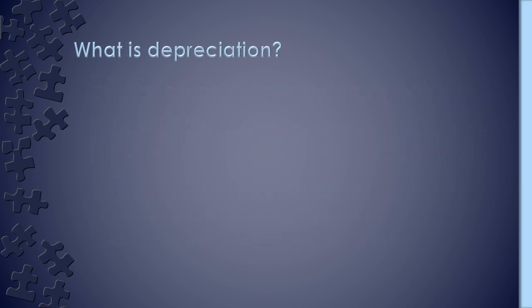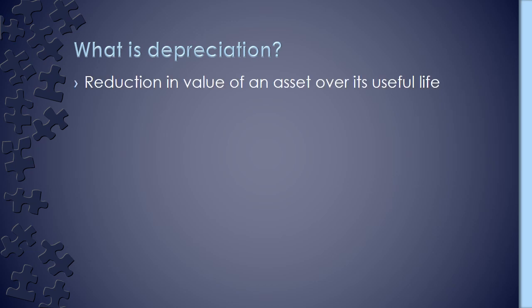Okay, so a recap then on actually what depreciation is. Hopefully you will already have a good understanding of this from your other studies and we can move on to calculations shortly. But just very quickly, depreciation is the reduction in value of an asset over its useful life.